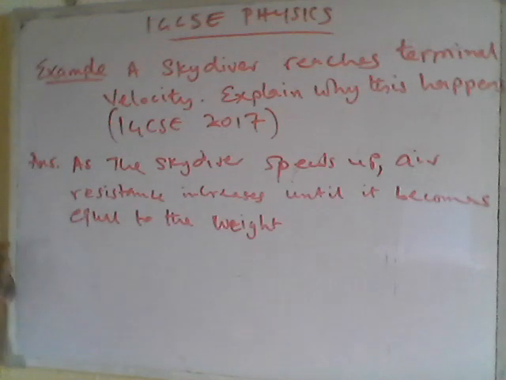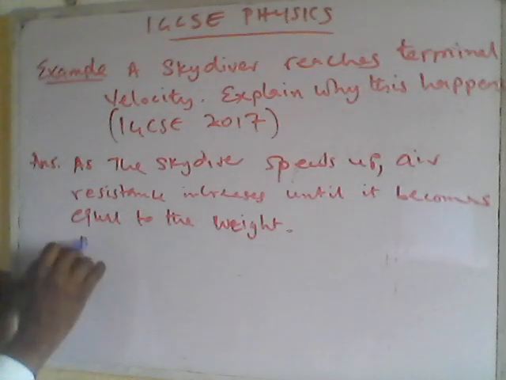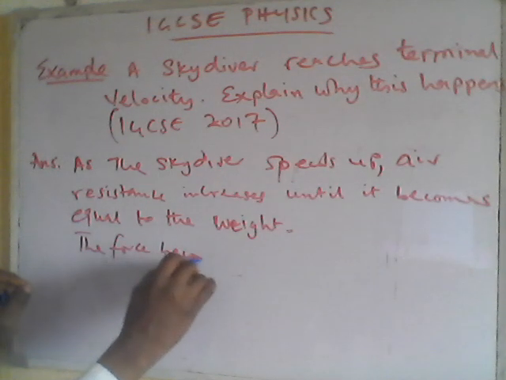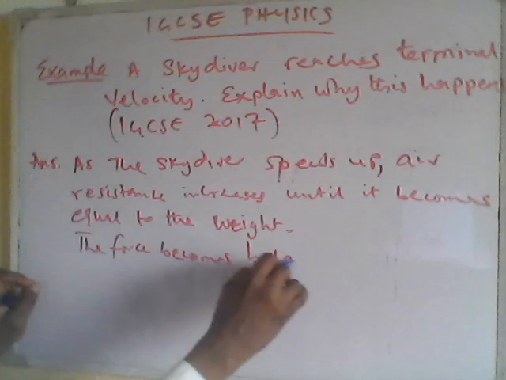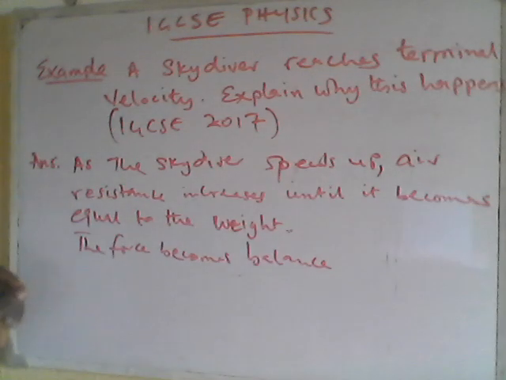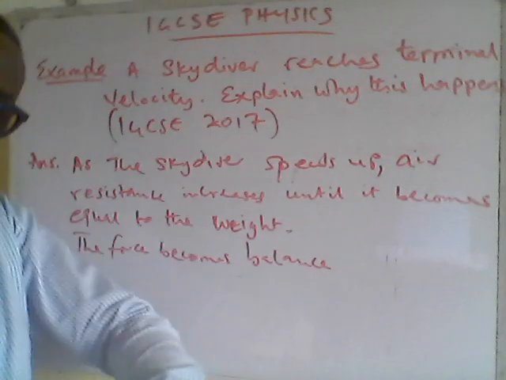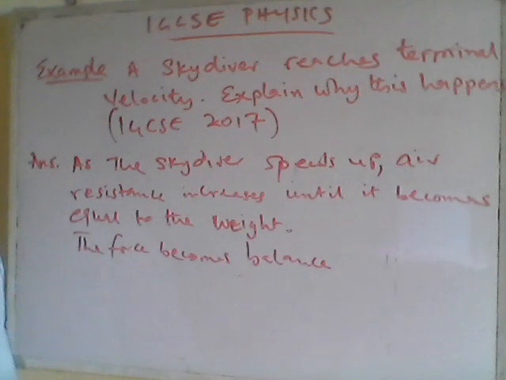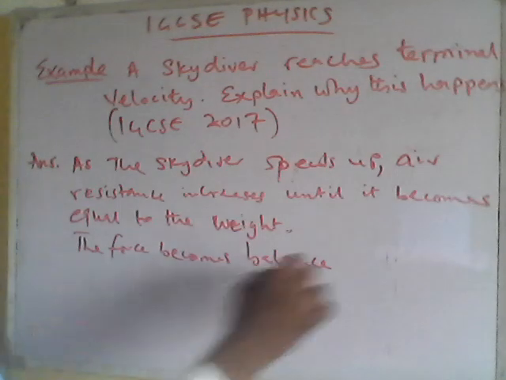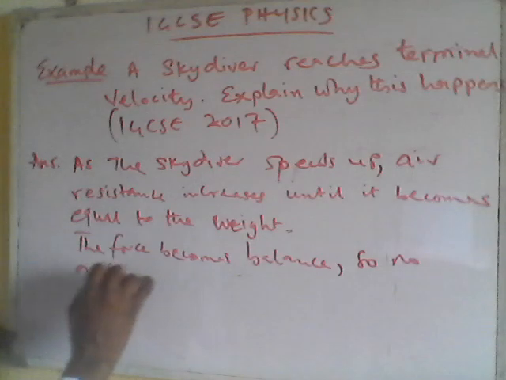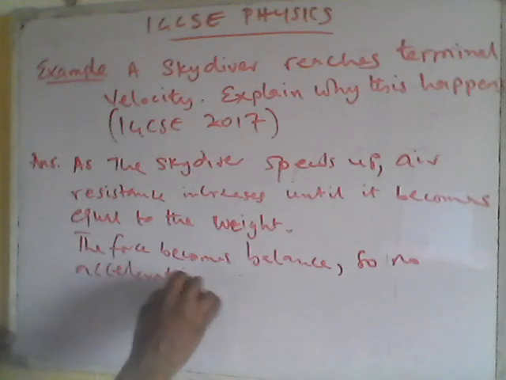So here, the force becomes balanced. Why? Because no resultant force. The air resistance going up and the weight going down become equal. So the force becomes balanced, so no acceleration. Please remember all these things. They give you the mark.